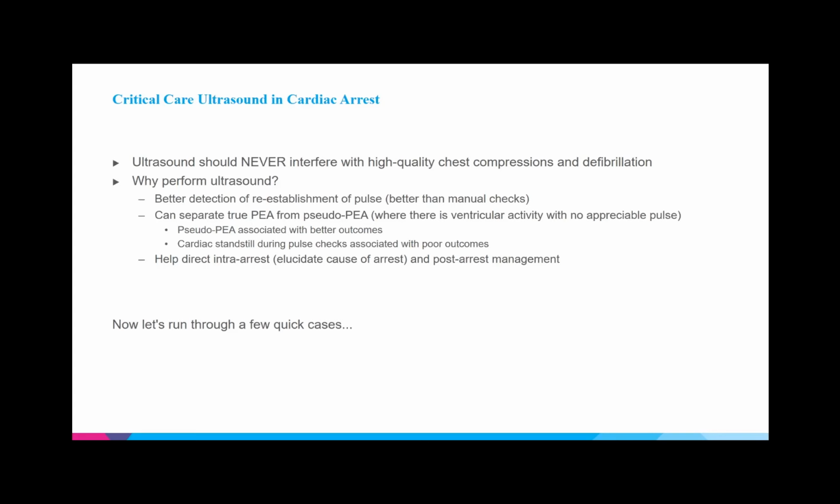So something to think about. Obviously, it's not going to interrupt your CPR, but it's something you can add to make you feel a little bit more comfortable at how you're performing the cardiac arrest and chest compressions and things like that.